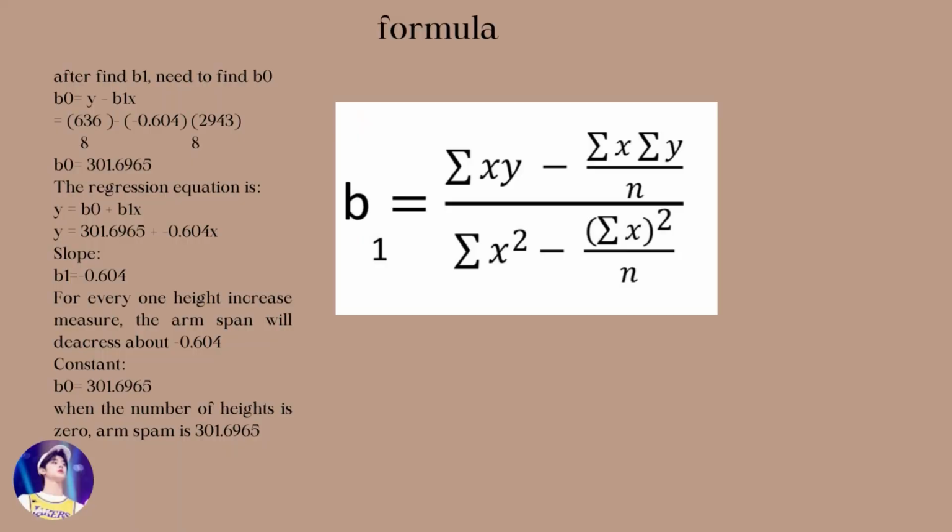The last part is the formula, how to get B0 and B1. So this is its formula. The slope B1 is negative 0.604, so for every one unit height increase, the arm span will decrease about negative 0.04.